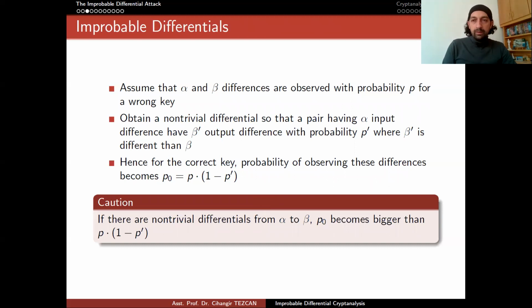But there may also be other paths that you cannot see, which actually go from alpha to beta with high probability. If that happens, then this equality might not be correct. So for this kind of attack, you need to perform experiments on a toy version of the distinguisher or the differential so that you can see if it really works or not.